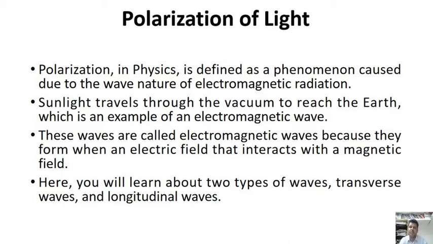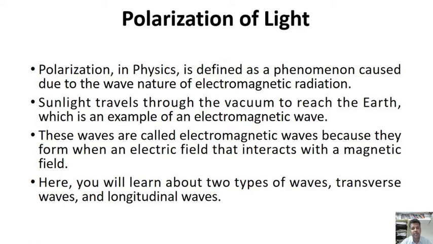First we come to the polarization of light. Usually we know polarization means to polarize the content; it means it should move in one order, in one direction. That is what we call polarization. Polarization in physics is defined as a phenomenon caused due to the wave nature of electromagnetic radiations.